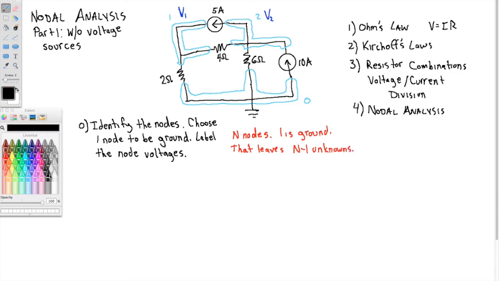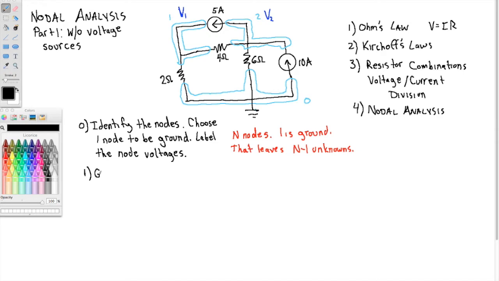So, for example, in our circuit, we have 3 nodes. Okay, 1 is ground, and that leaves 2 unknowns, V1 and V2. So these are what we're going to be solving for. Okay.